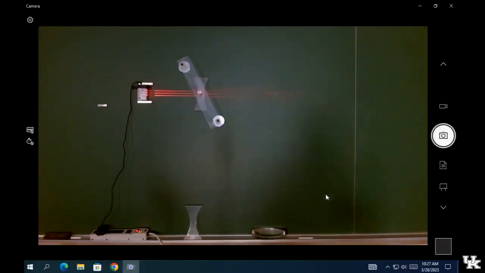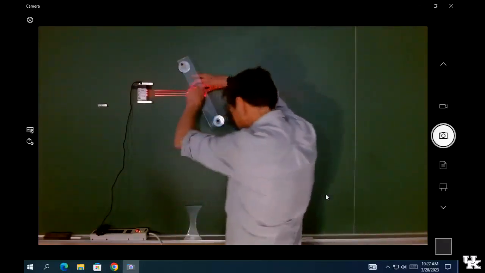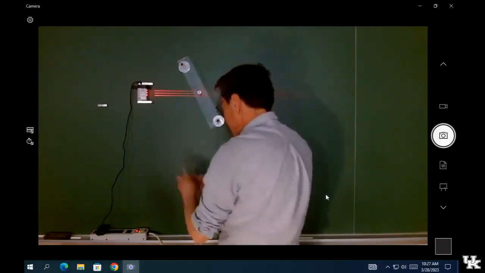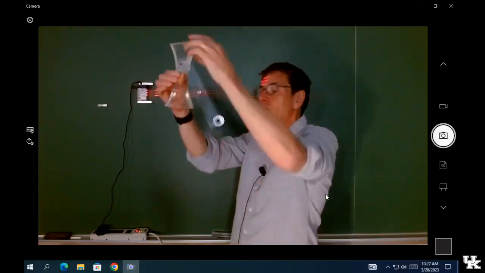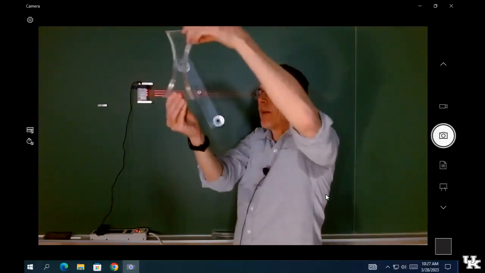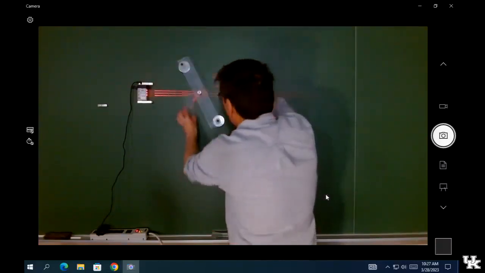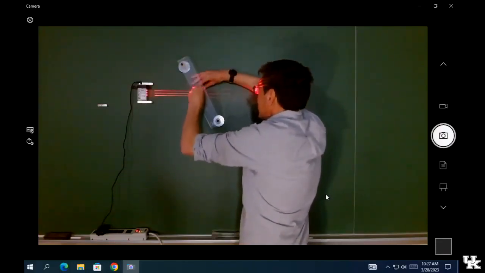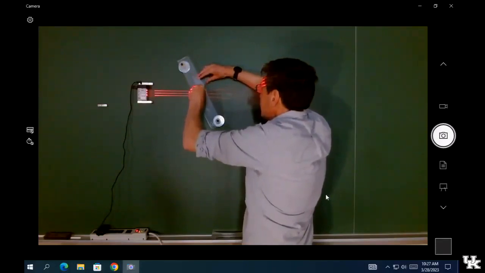diverging lens. I got a second diverging lens. We can put that in. It will also diverge the rays. It's just that it has a different radius of curvature on the front and back faces, so it will diverge the rays by different amounts. And so this one actually diverges them by more.